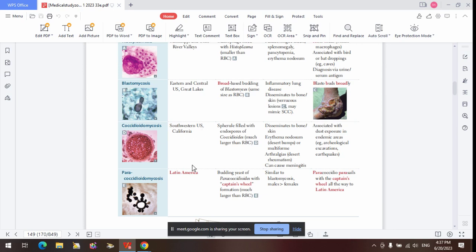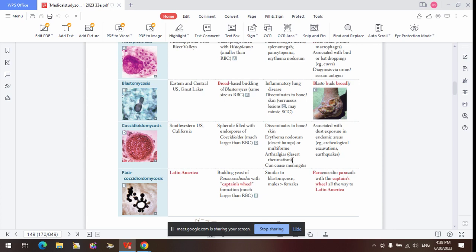If you remember this, it is good, but I'm very sure they will always mention the spherule, which will help you narrow down your answer to coccidioidomycosis. So what are these triads? The triad is called desert rheumatism. The way I learned it is that one thing I know about rheumatic fever is that there's a fever, there's a joint problem, and there's a skin rash.